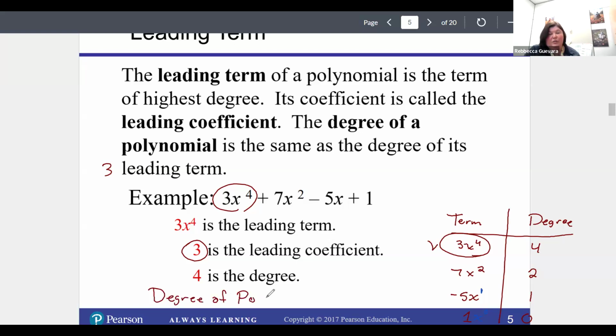So we have a degree of a term, and we have a degree of a polynomial. The degree of the term is the sum of the powers in that term, where the degree of the polynomial just matches the degree of the leading term.